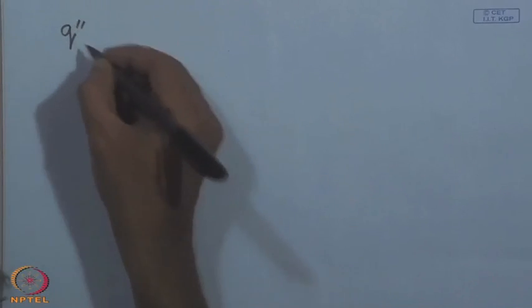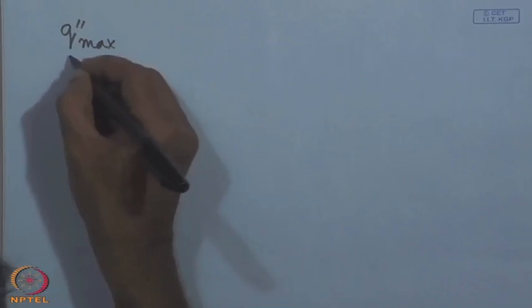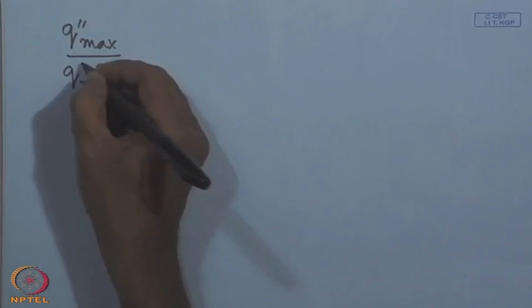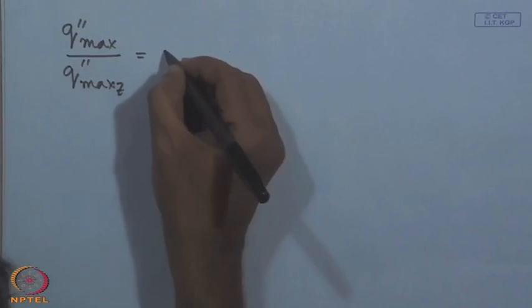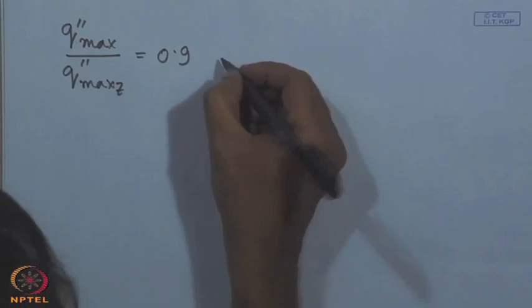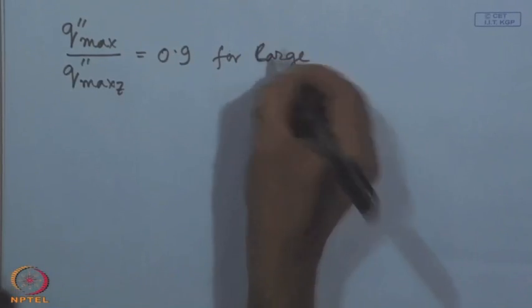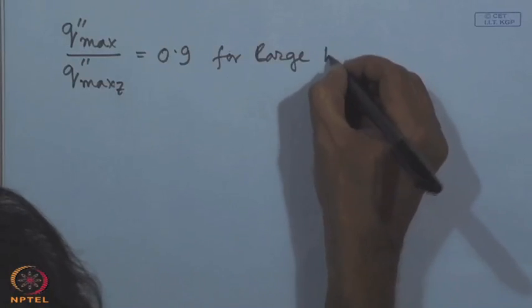Another important case is the critical heat flux over a circular cylinder, a horizontal circular cylinder. In that case again Lienhard and Dhir have obtained this relationship. This is equal to 0.1 for a large horizontal cylinder.